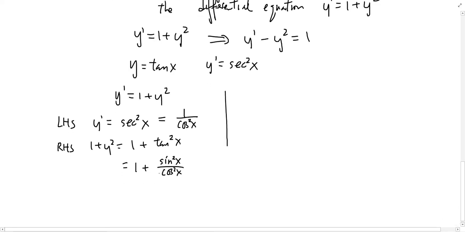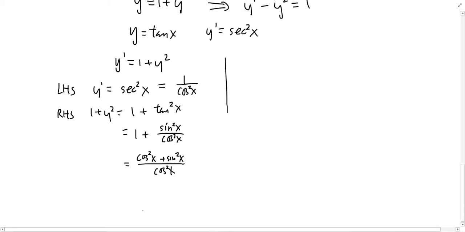And so what I'm going to do is combine that into one single fraction on the right-hand side, so that becomes cosine squared x plus sine squared x over cosine squared x. And I'm hoping that all of you recognize the Pythagorean identity now. Even if you don't know the two different variations, you should know cosine squared x plus sine squared x equals 1. So therefore that becomes 1 over cosine squared x.